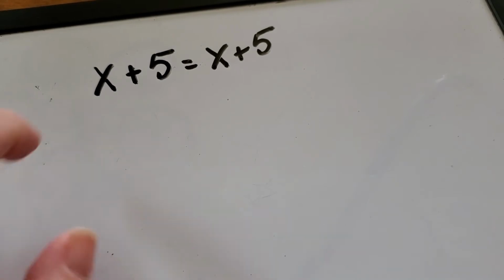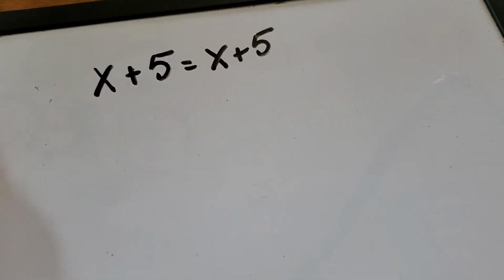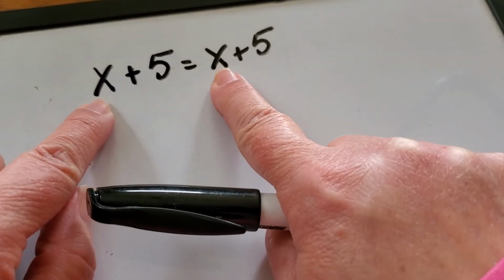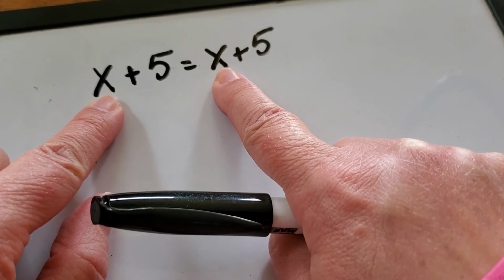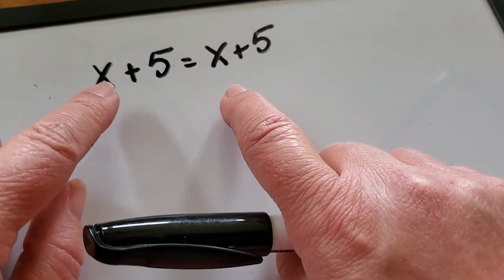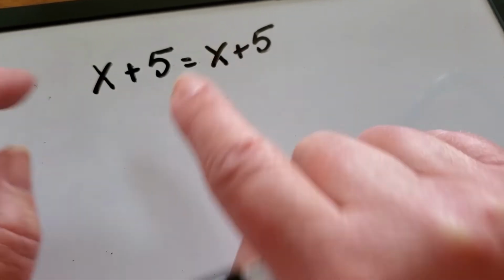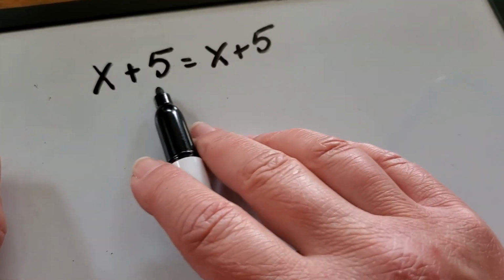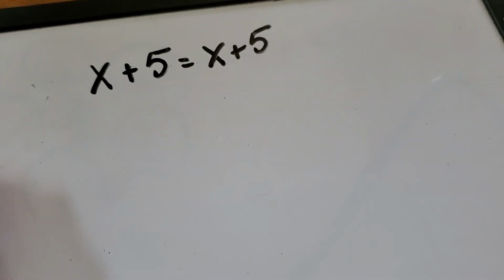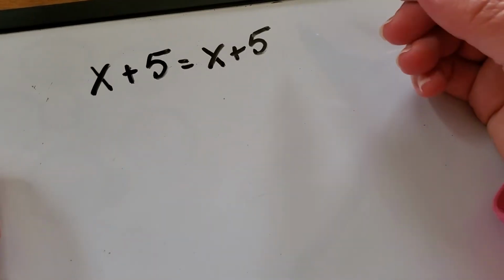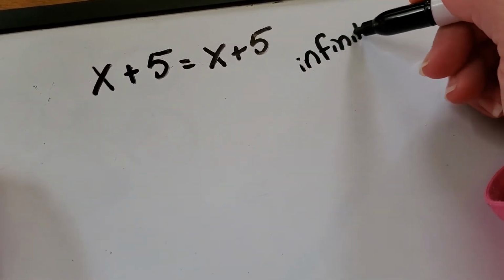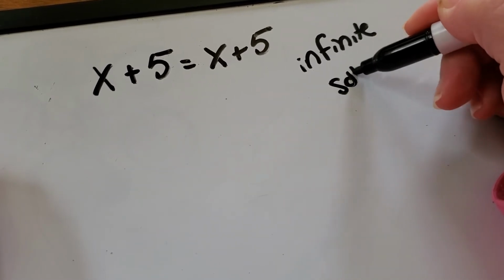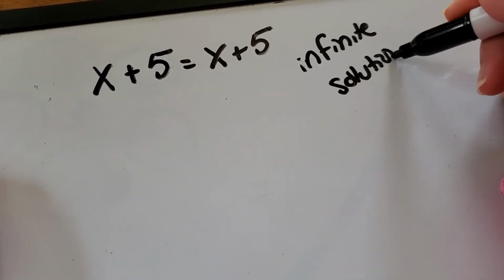I hope you're realizing any value you filled in for x would work here. 1 plus 5 is the same as 1 plus 5. 2 plus 5 is the same as 2 plus 5. Even if you filled in negatives, negative 4 plus 5 is the same as negative 4 plus 5. Because these two expressions are exactly the same on both sides, any value you filled in for x would work. This equation has infinite solutions.